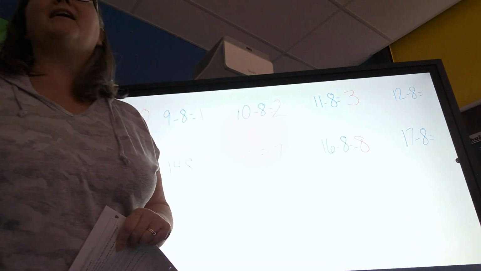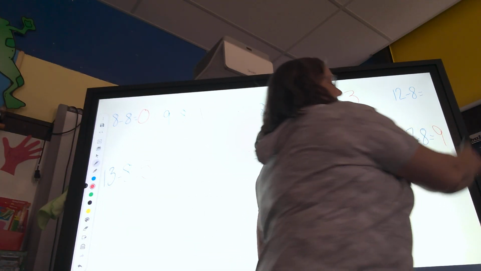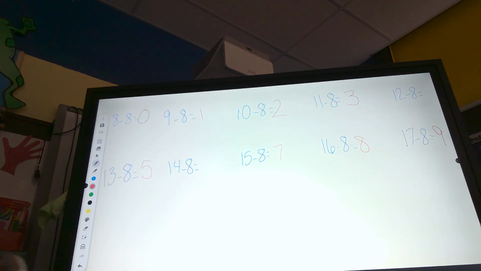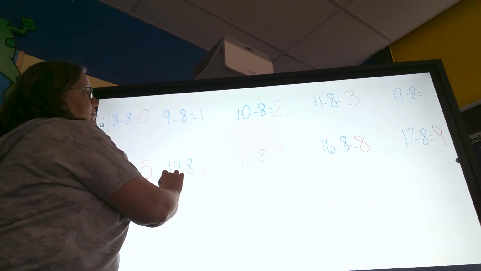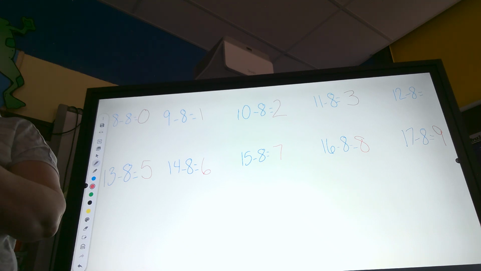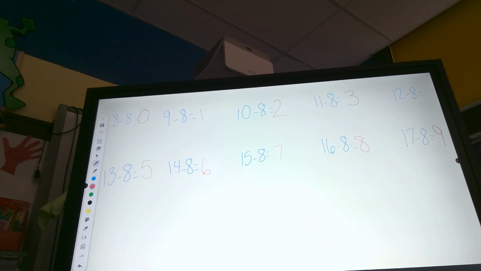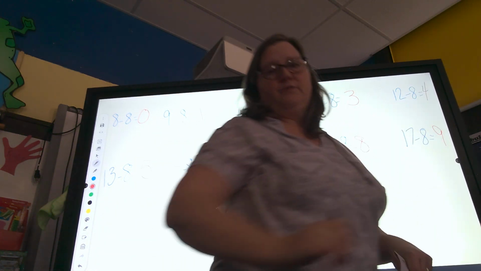I want a difference of 9. 17 minus 8 equals 9. Which one of these has a difference of 6? 14 minus 8, because 6 plus 8 equals 14. Which of these has a difference of 4? Our last one. 12 minus 8. 12 minus 8 equals 4.